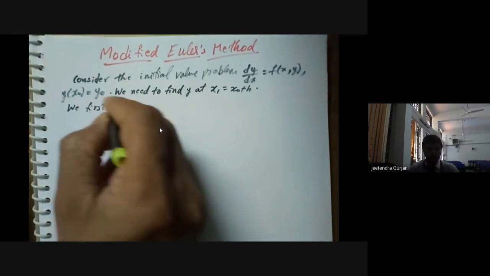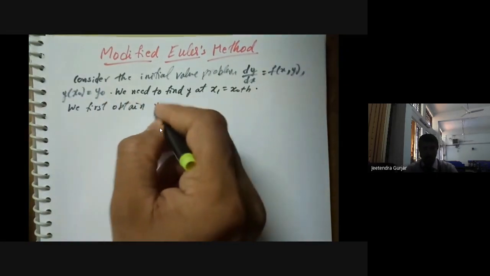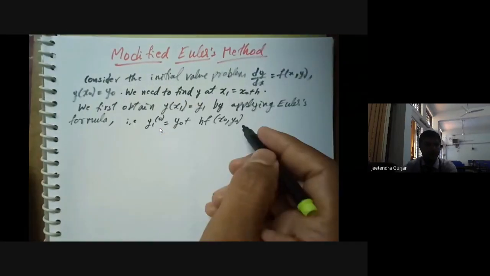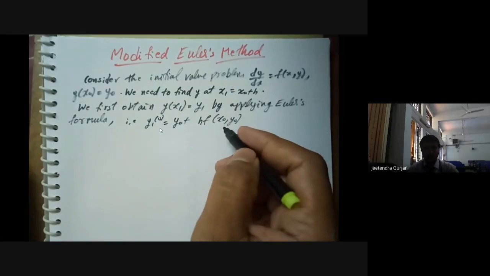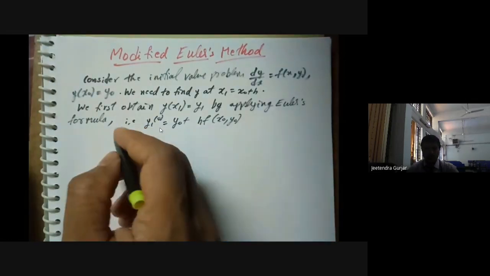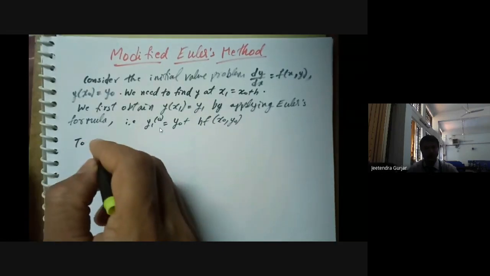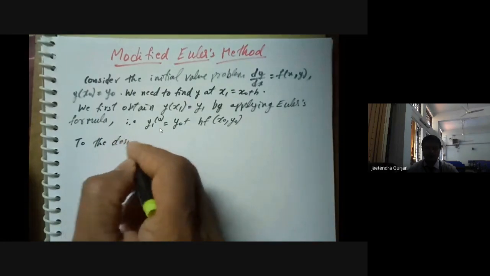So we first obtain y of x1 is equal to y1. Applying Euler's formula, we get y1 raised to 0 is equal to y naught plus h f of x naught, y naught. We already solved this example in the previous class. So this formula is also used in modified Euler method.